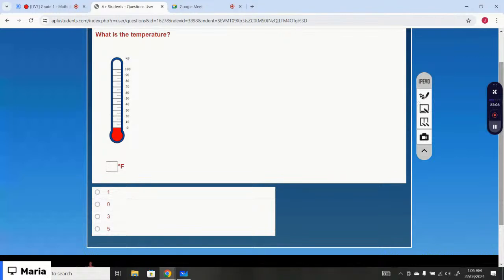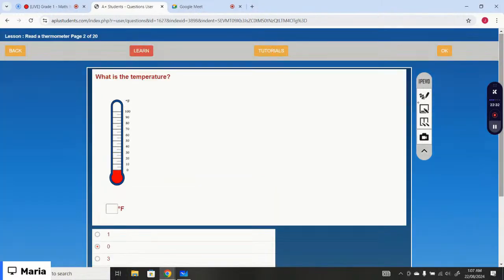Which is the correct option here? You have to match this line over here, so that matches 0. Sorry, you can see here the unit is F, so that is 0 degrees Fahrenheit.